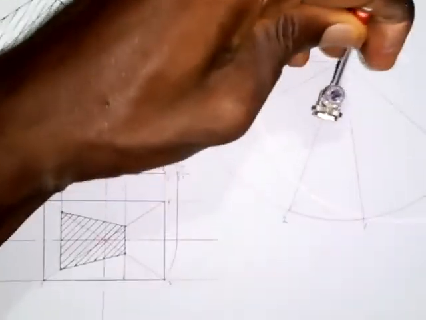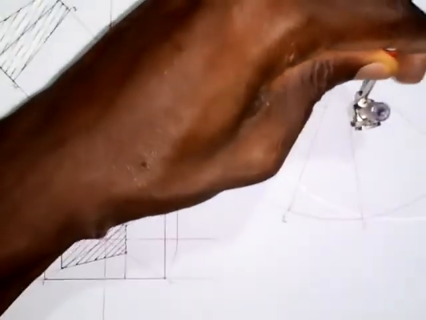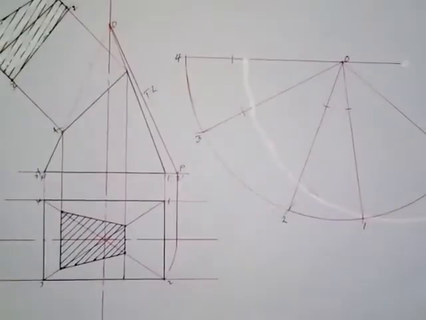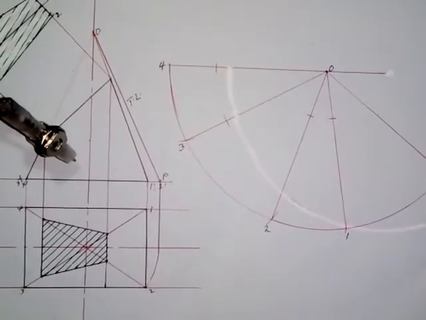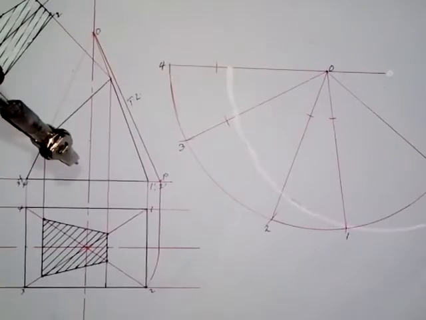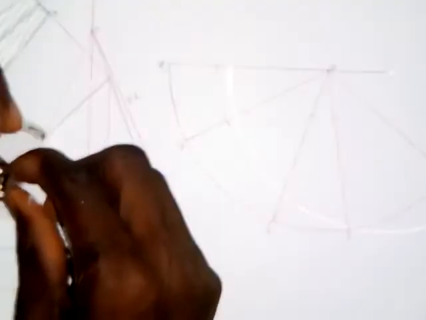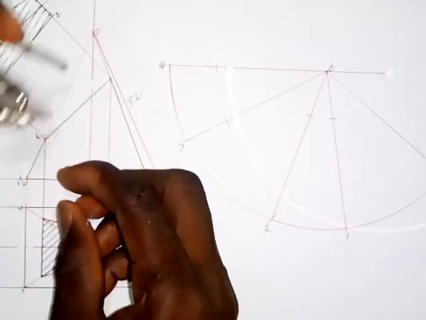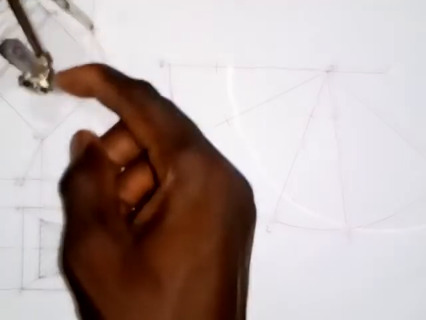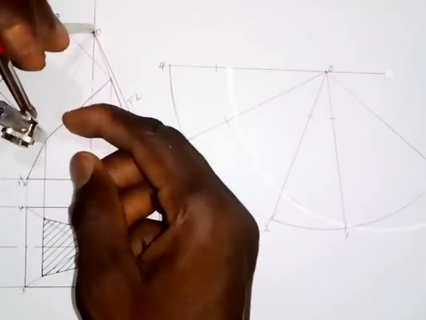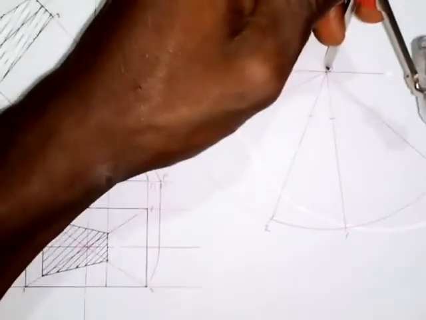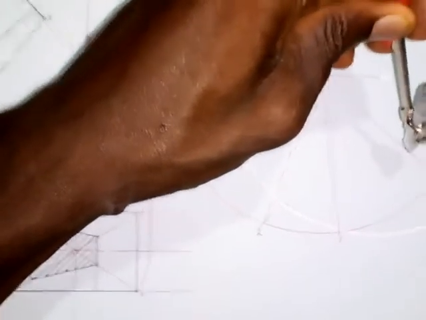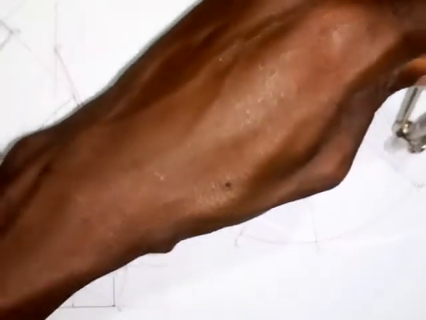I'll make an arc here for 2 and also for 1, like this. Then the last one is that I will come back to this point here, and I take this distance from O to this point, as I did initially, and put at this point here. And I will make an arc here.